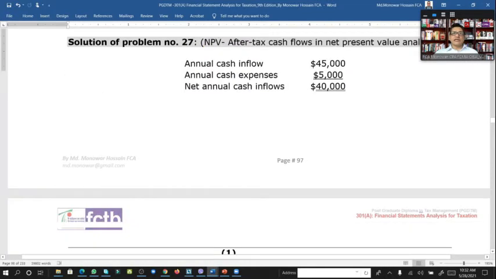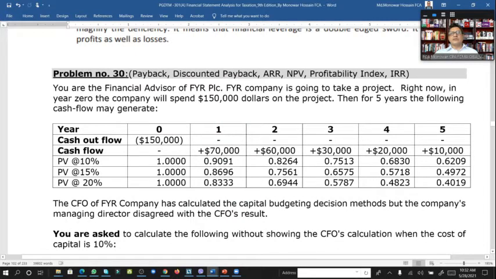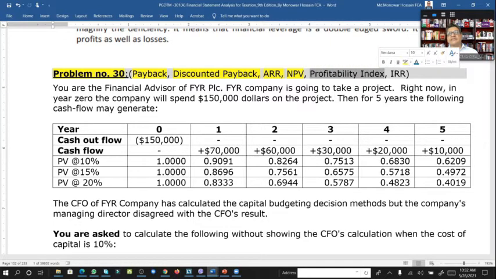In the same way, you can do another one. So look here, this is a math problem, and within this math, most of the techniques are covered. After completing this math, we will understand payback, discounted payback, accounting rate of return, net present value, profitability index, and internal rate of return.